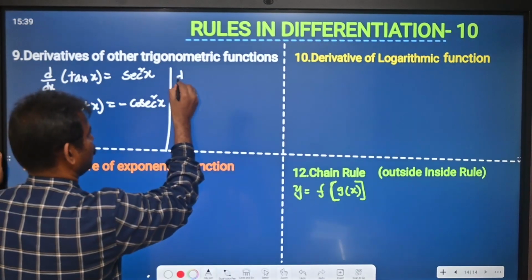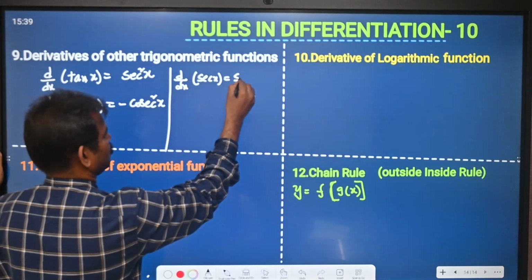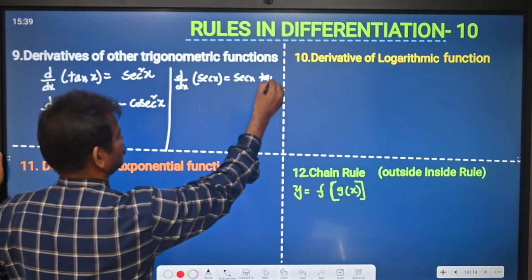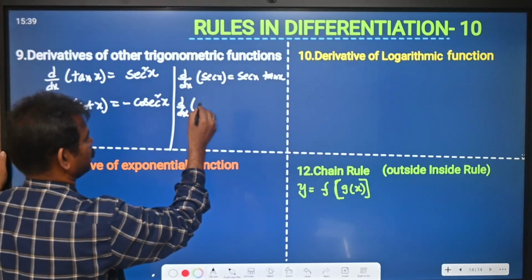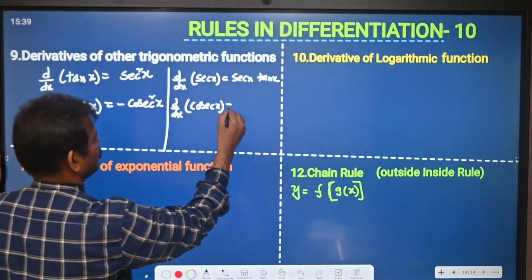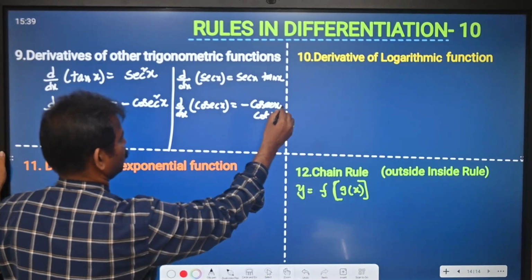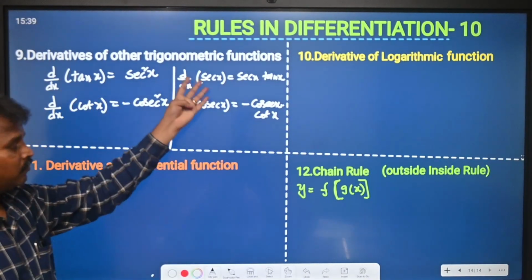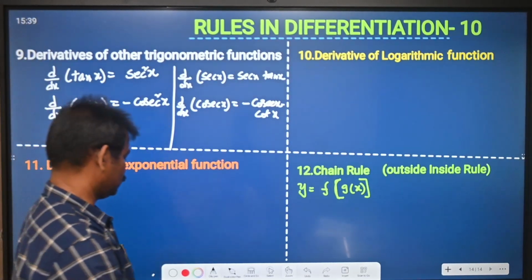Similarly, d by dx of secant x is equal to secant x tan x, d by dx of cosecant x is equal to minus cosecant x into cot x. These are the remaining four trigonometric functions and the corresponding derivatives.